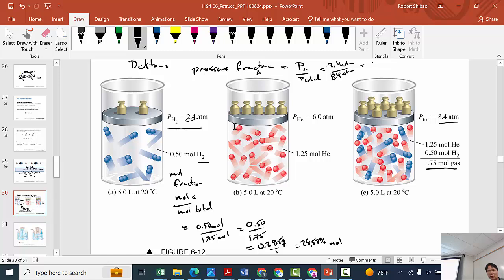And so the fraction is 2.4 divided by 8.4, which is equal to 0.2857 over 1, or 28.57% by pressure hydrogen.